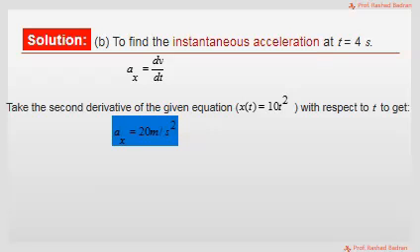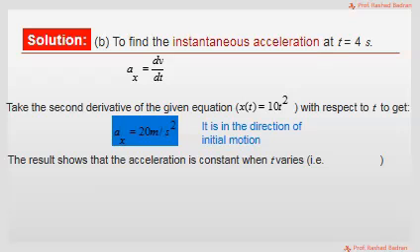Obviously this answer is independent of time. Moreover, we notice that the instantaneous acceleration at this instant of time is the same as the average acceleration obtained earlier in part A. This means that this kind of equation is a uniform equation with a constant acceleration.